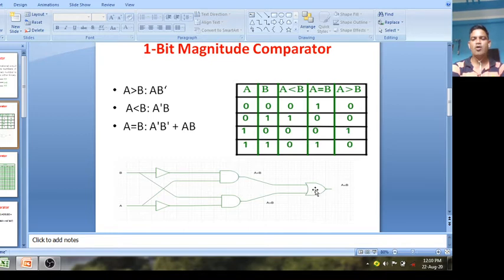This OR gate gives a b dash plus a dash b, but we require a dash b dash plus a b. So a equal to b is the whole complement of a b dash plus a dash b. So you can say the a equal to b expression is the whole complement of the sum of a greater than b and a less than b. That's why I am using a NOR gate. This is your NOR gate, and this is your 1-bit magnitude comparator.